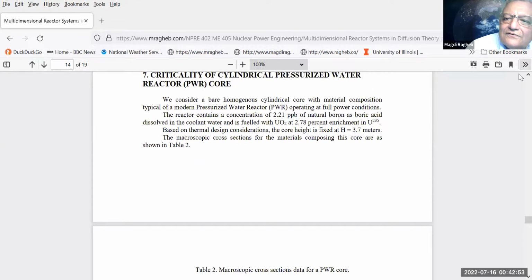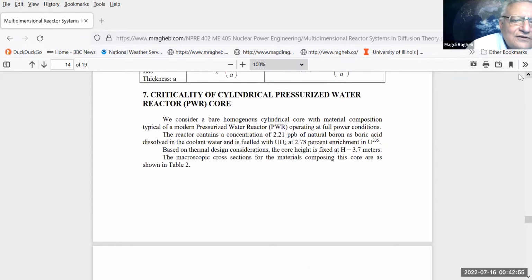And all that theory can be made meaningful if we consider now the criticality of an actual nuclear reactor, a pressurized water reactor. You'll find that for thermal design calculation, we are determining the height to be 3.7, about 4 meters.